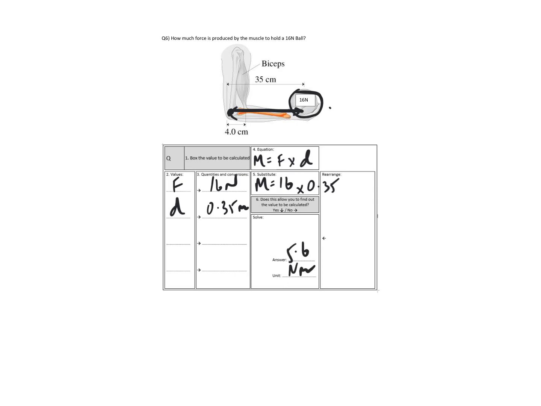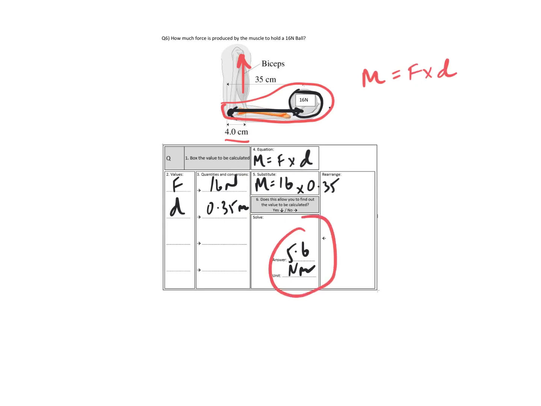But like the last question, this is the moment caused by the 16 Newton weight, whereas we need to find the force on the bicep with a different distance. So likewise, we do moment equals force times perpendicular distance, but this time the moment is 5.6.